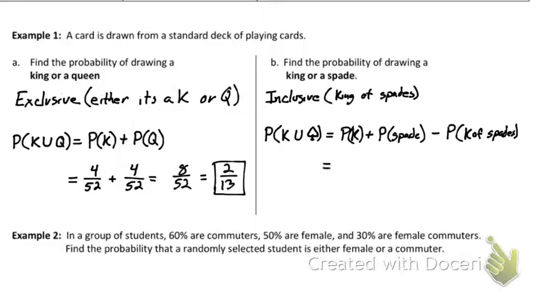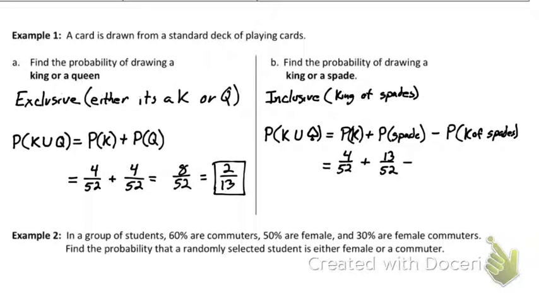Okay, probability of pulling a king, that is 4 out of 52. The probability of pulling a spade, any one of our suits has 13 cards. It is a quarter of your deck. So pulling a spade would be 13 out of 52.